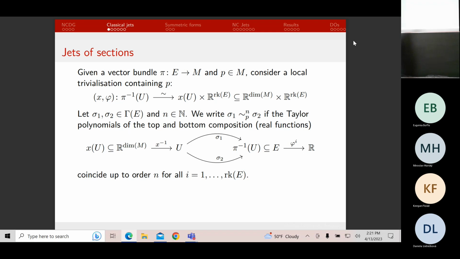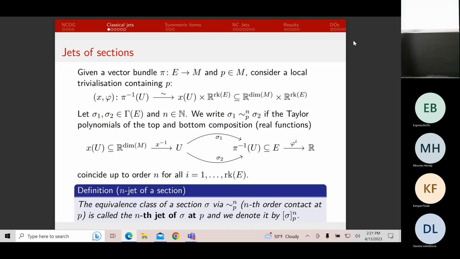So their nth Taylor polynomial must be the same essentially. It turns out that this definition doesn't depend on the trivialization chosen, so it's intrinsic, and it's an equivalence relation. The equivalence classes of this equivalence relation will be the n-jet of the section at the point p.